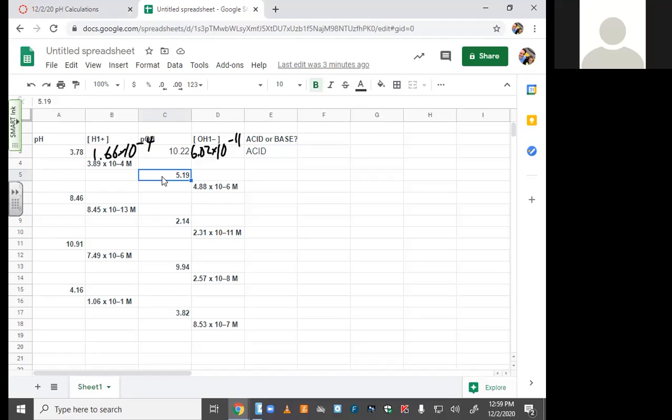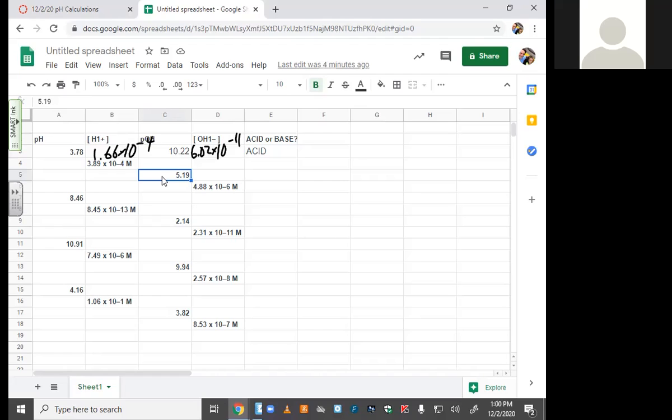All right, the next one, you have your H and you want your pH. Which formula? Negative log of the H equals pH. Very first formula, right? Yes. So negative, hit your log button, 3.89 E negative 4.